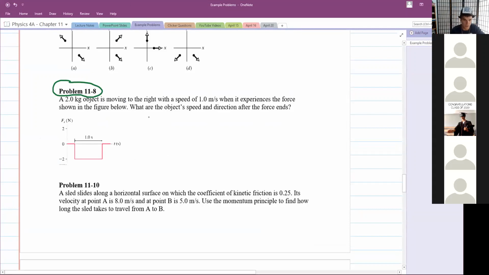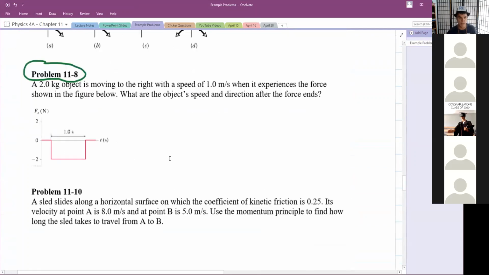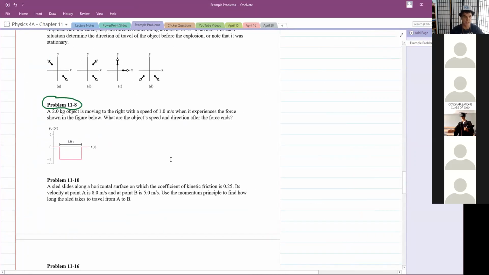From the impulse-momentum theorem, the integral of Fx dt from my initial time to my final time equals my change in momentum, so my final momentum in the x direction minus my initial momentum in the x direction. This impulse is really just the area under the curve.